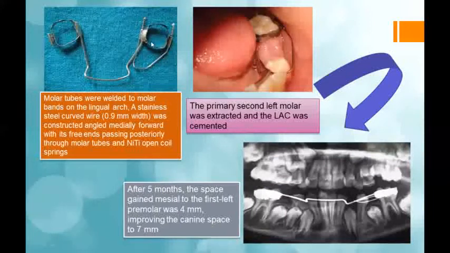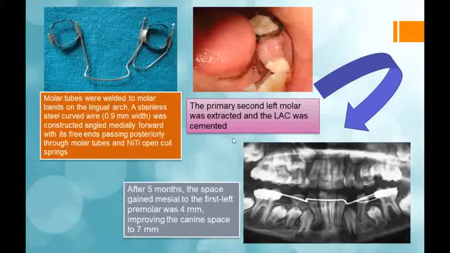Then the molar tubes are welded onto the molar bands on the lingual arch, and then a 0.9 mm stainless steel wire is curved and angled medially forward with its free end passing posteriorly into the open coil spring.